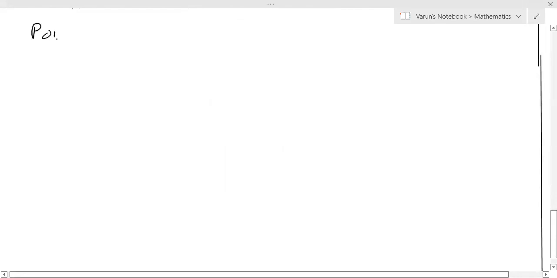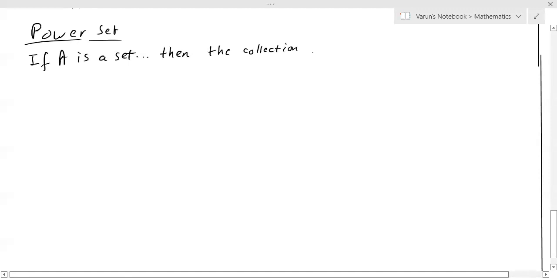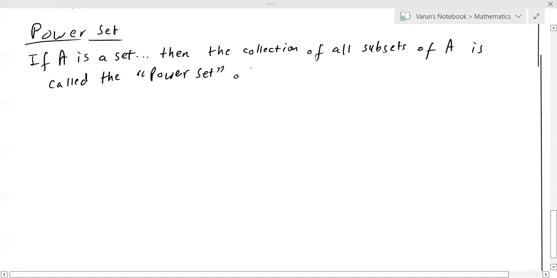A power set: if A is a set, then the collection of all subsets of A is called the power set of A. All subsets of A is called the power set of A.